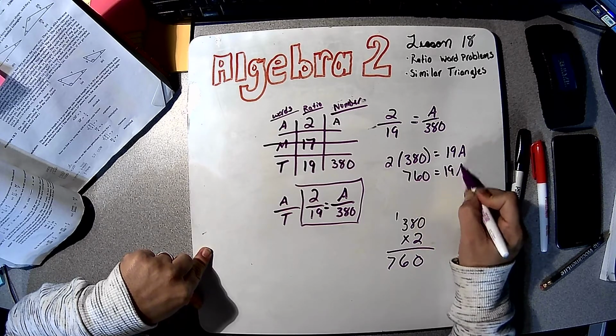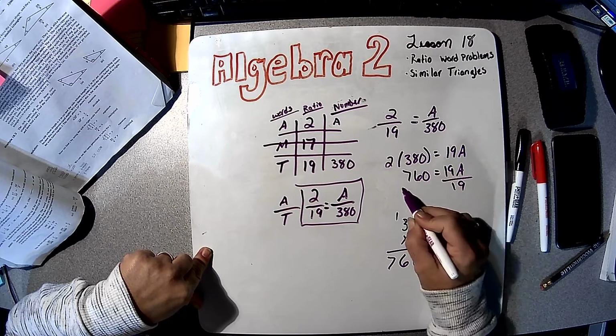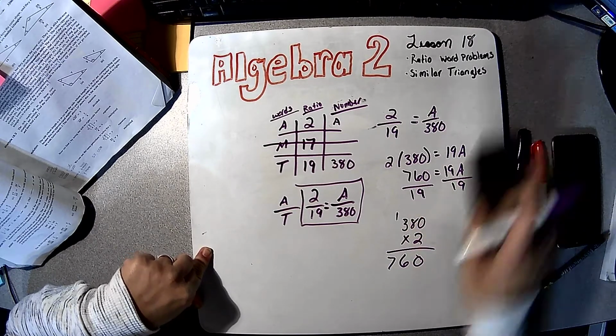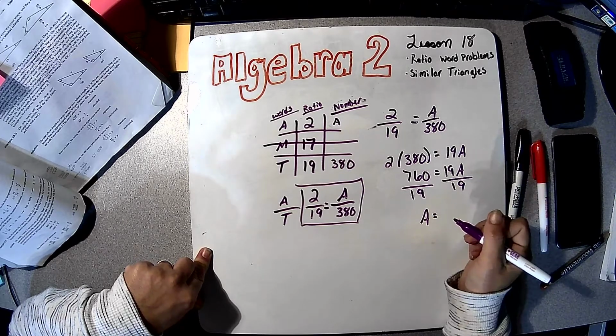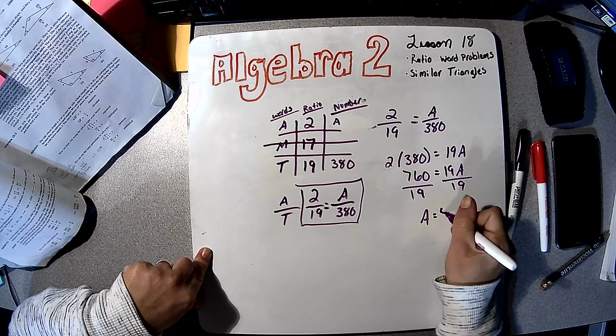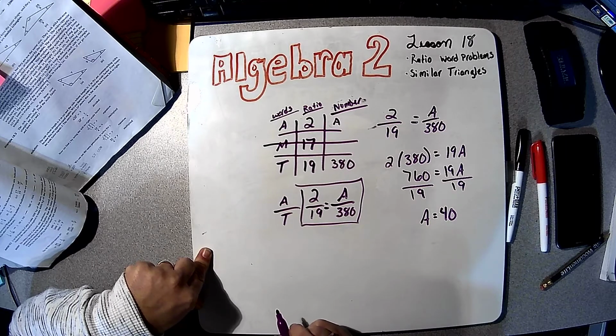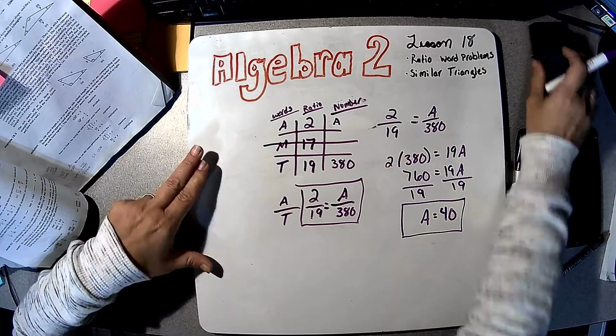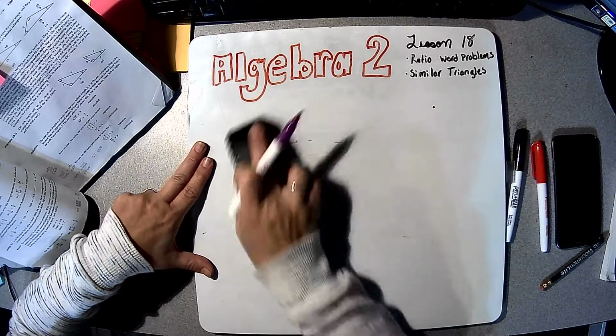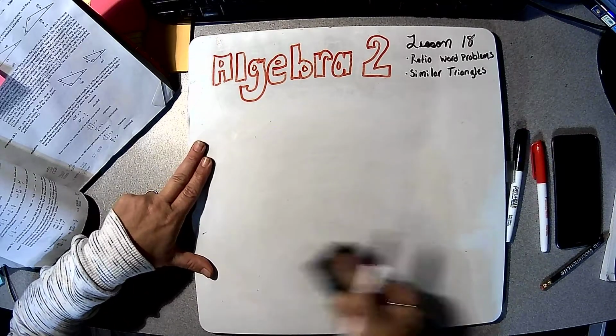It's 19A. And then we divide by 19. And that comes out to Arabians equals 40. Okay, so that's the answer, 40. All right, so just set up your little tic-tac-toe box and then put all your values in there.